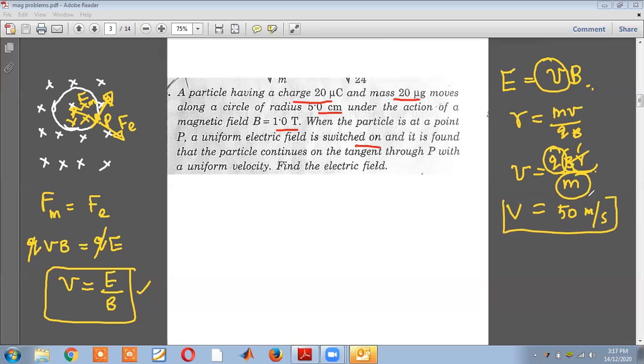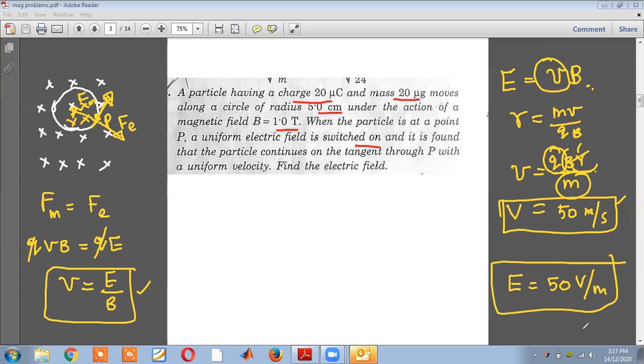So this is the velocity of this particle. Now I'm going to substitute back here, and the electric field turns out to be 50 volts per meter, because the magnetic field is simply 1. Multiplying by 1 doesn't change the value. So the electric field is 50 volts per meter. This is the answer. I hope it is clear. Let me erase this.